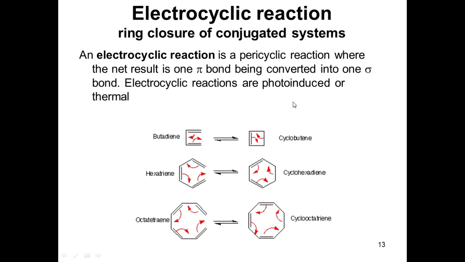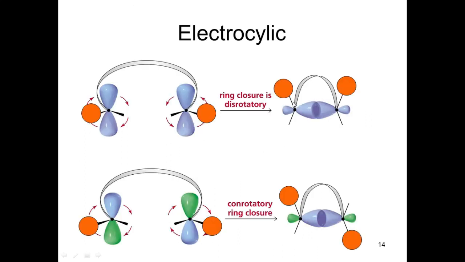Electrocyclic reactions are photo-induced or thermal reactions. What are electrocyclic reactions? Here the image very clearly shows one ring closure of disrotatory formation. Here the p orbital is rotating like this and rotating like this.